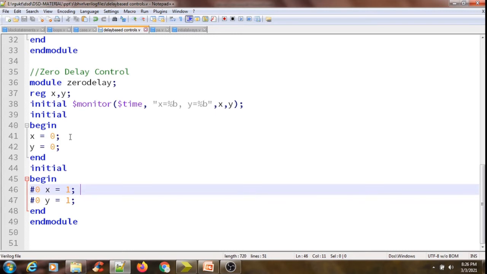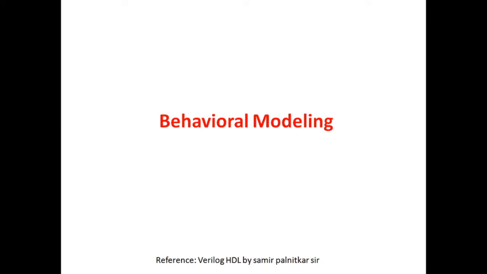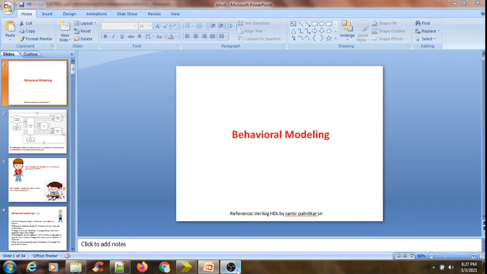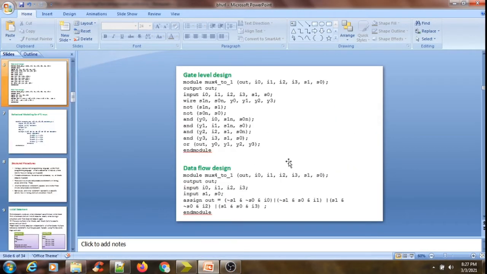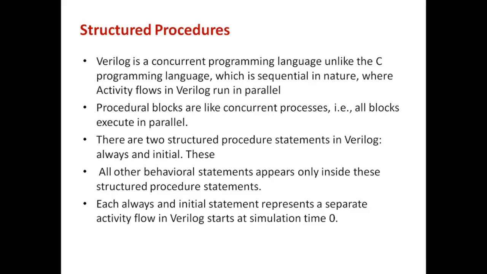Now this variable value will not be disturbed until and unless I update the variable with some other value, like x equal to 0 to x equal to 1. So this is about procedural assignments.